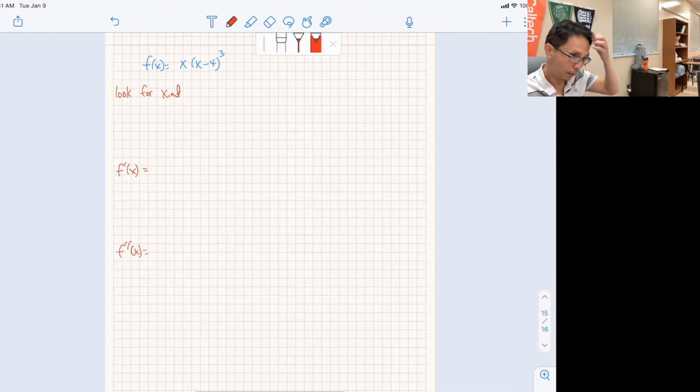Can you do the chain rule for this? You have to do the chain rule and the product rule. You cannot do it without it. Just because anything to a power other than 1 usually has something to do with the chain rule. The only time you don't have the chain rule is x minus 4 itself.